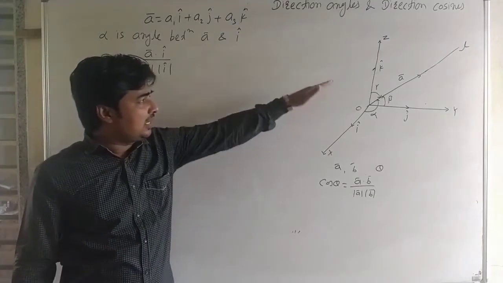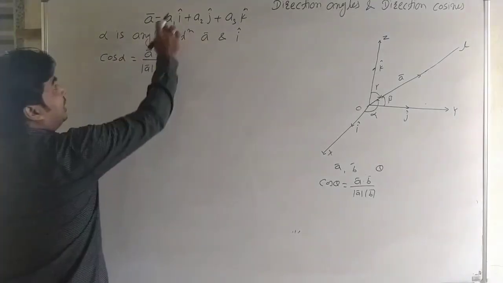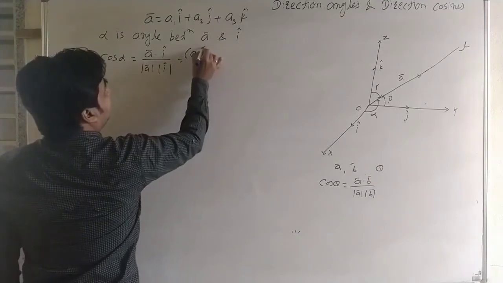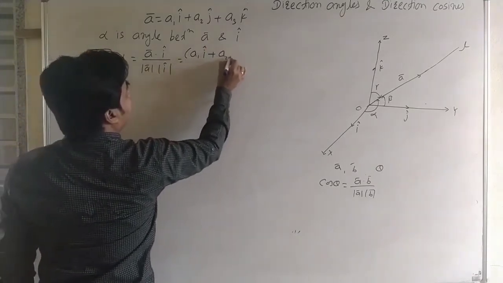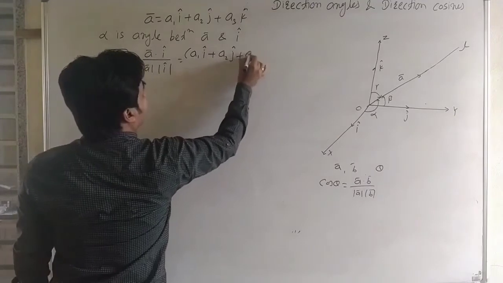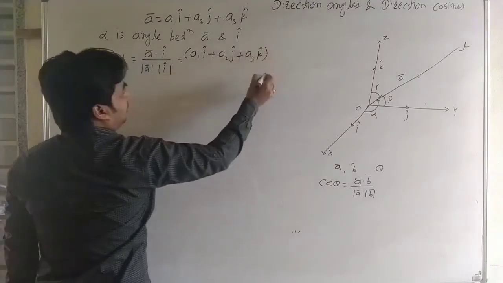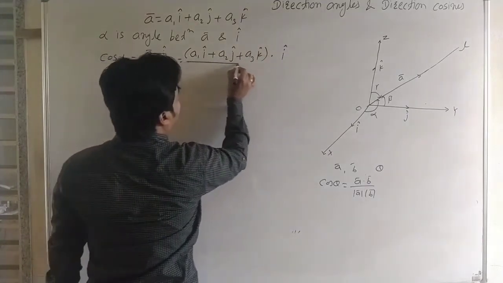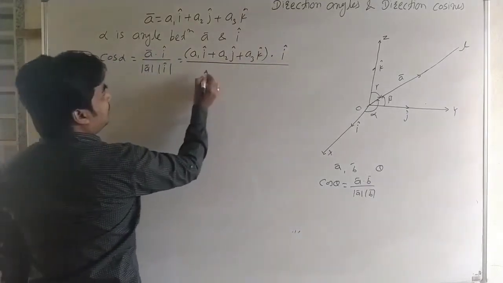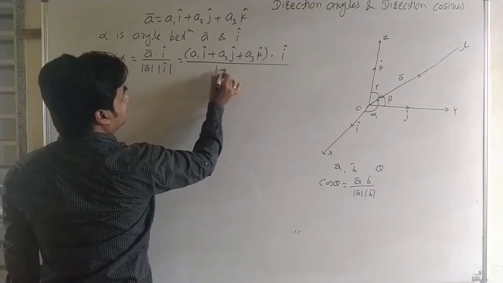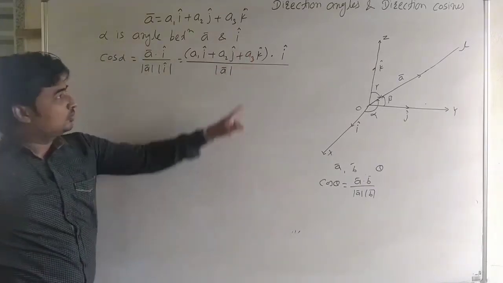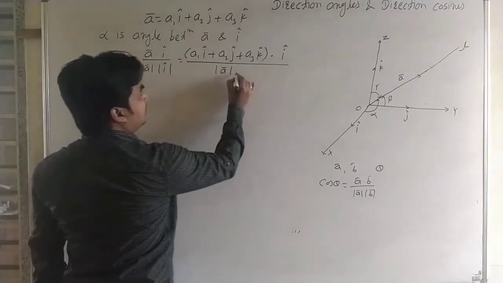Now here the two vectors are a bar and i cap. Therefore a bar is this vector, a1 i cap plus a2 j cap plus a3 k cap, dot i cap, whole upon magnitude of a bar into magnitude of i, and the magnitude of i is 1.